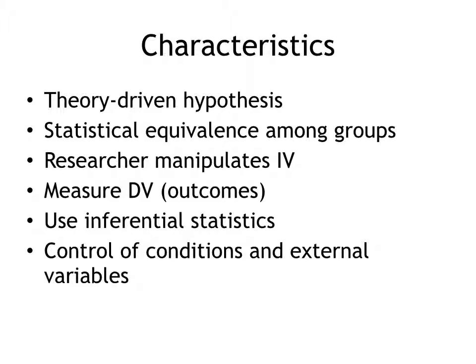So we usually use random selection in experimental research, and I'll talk about that in a minute. But in experimental research, you have to look at the groups and make sure that they are roughly equivalent before you start anything. I've already talked about the researcher manipulating the independent variable, but you'll hear me say it over and over again because that's how you distinguish experimental research.